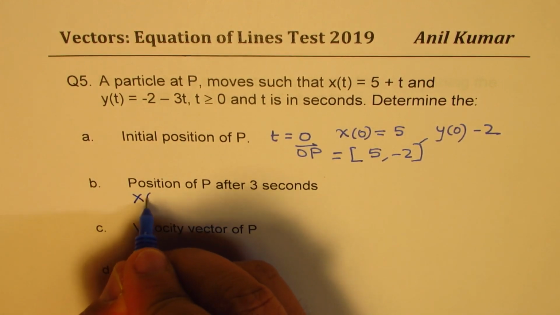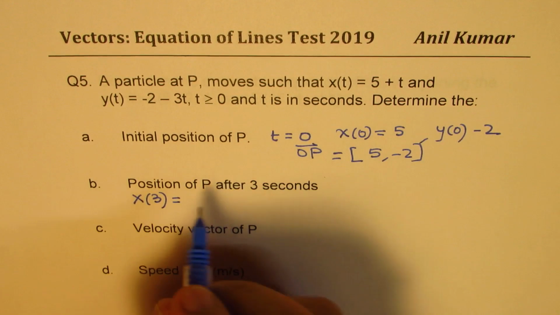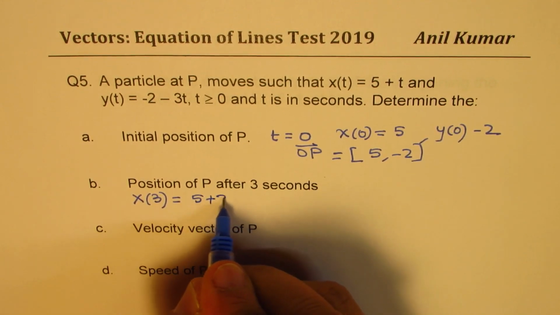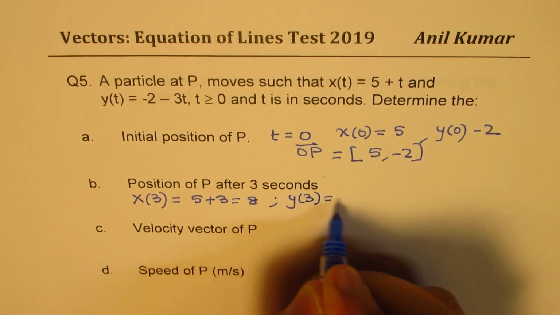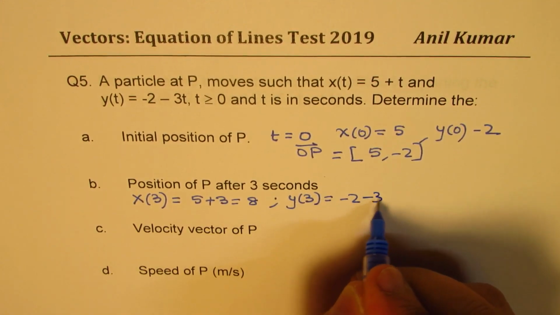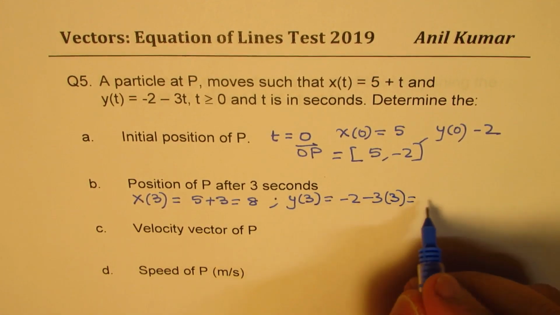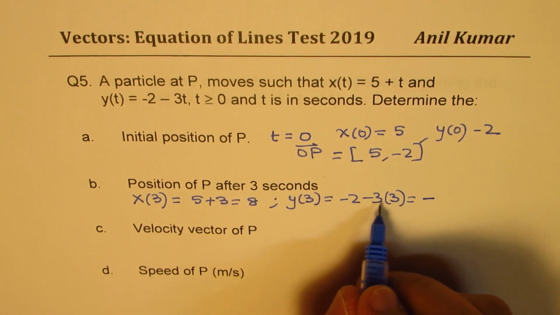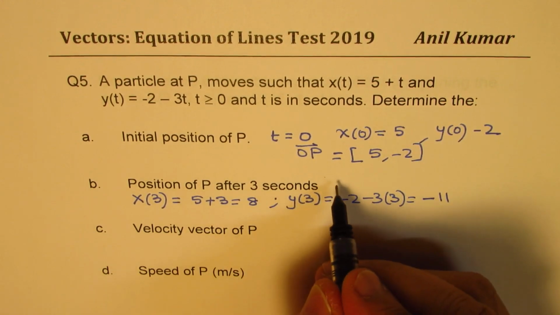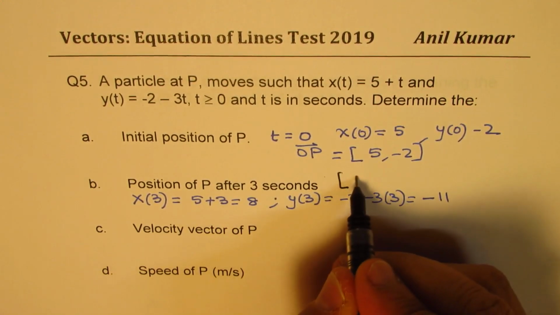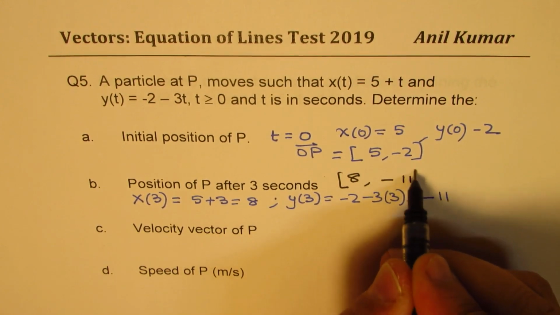So we'll find x of 3, which is 5 plus 3, which is 8. And y of 3 equals minus 2 minus 3 times 3, which is minus 9, and minus 2 minus 9 is minus 11. And therefore, this position is equal to (8, -11). Clear?